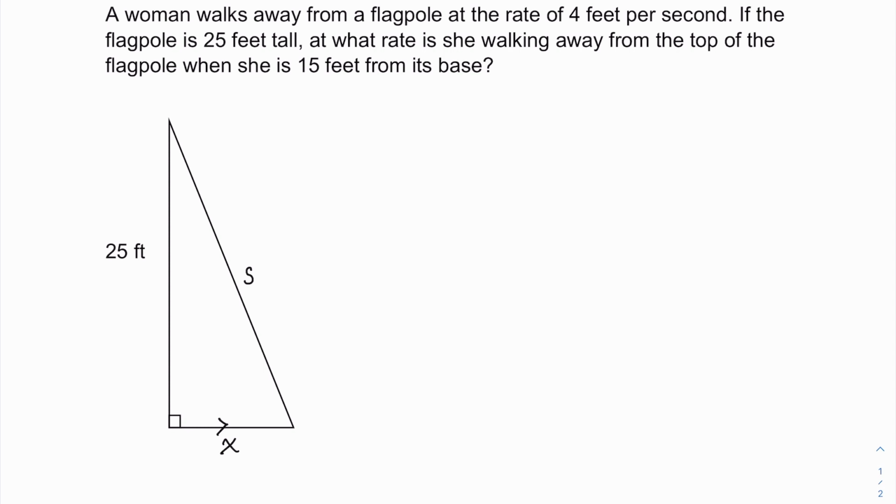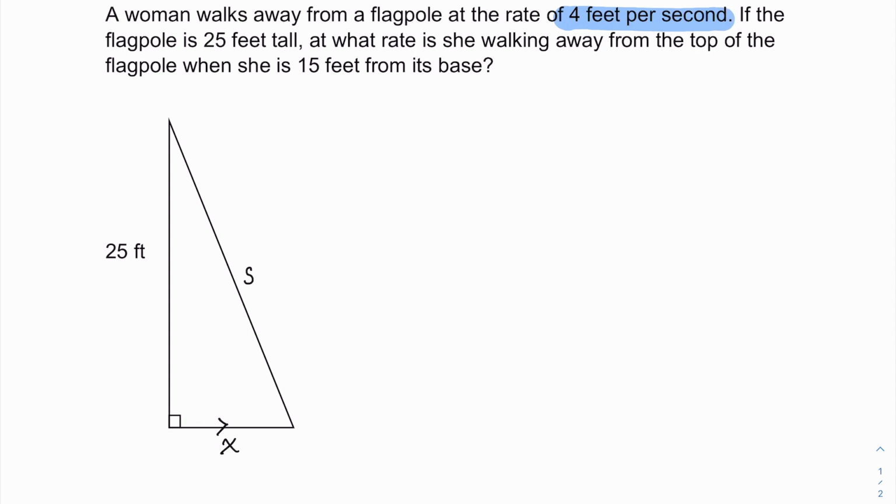So when we look at the information, it's important with related rates to identify the information that's given, identify the information that you want to find, and also notice any sort of geometrical or other formulas that might help you. So it says that she is walking away from the flagpole at the rate of 4 feet per second.